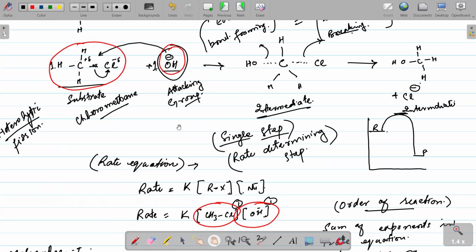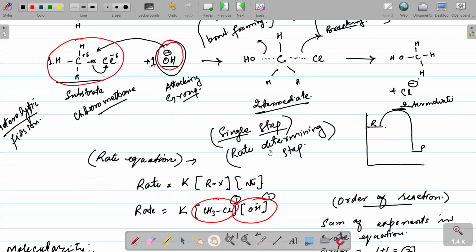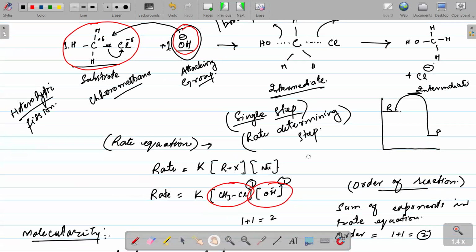And remember, this reaction is only a single step reaction because both bond formation and bond breakage occur simultaneously. So it's a single step. If the reaction is a single step, then that single step will also be considered its rate determining step. Is it clear? So primary halogenoalkanes follow this SN2 reaction mechanism.